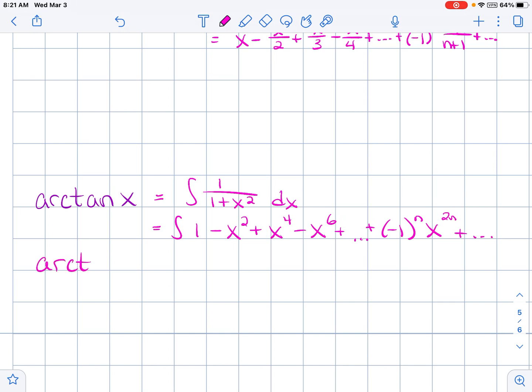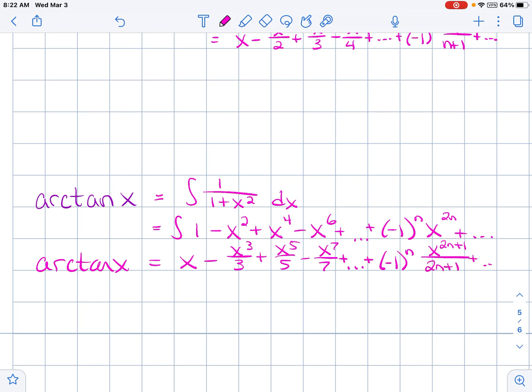Okay, so the Maclaurin polynomial for the arctangent of x is x minus x cubed over 3, x to the 5th over 5. So these become odd exponents now instead of even. This becomes x to the 2n plus 1 over 2n plus 1.